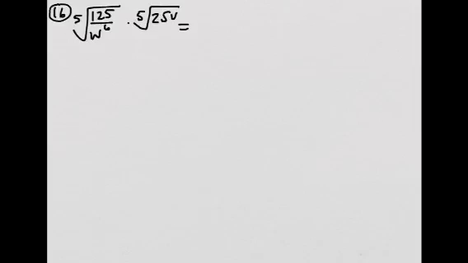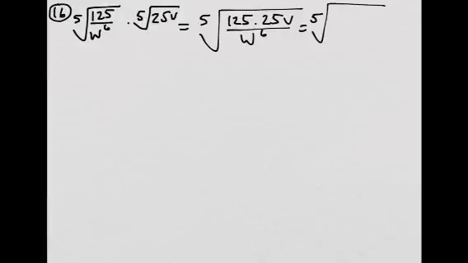Okay, so I'm going to write this as one big radical because they both have index 5. So 5th root of 125 times 25v over w to the 6th. Okay, so notice that here 25 is 5 squared and 125 is 5 cubed. So I'm going to write it like that. This is 5 cubed and this is 5 squared, and this is just v.